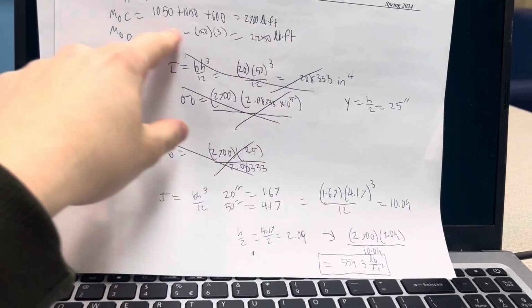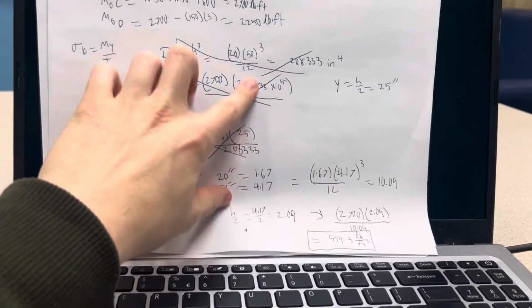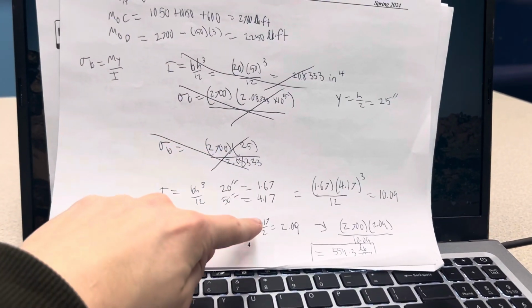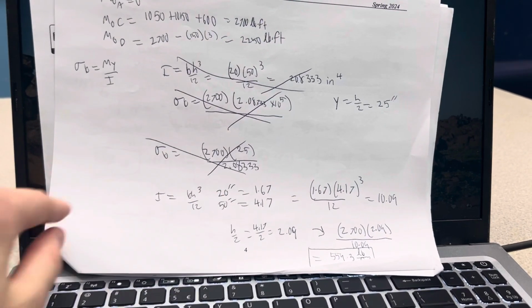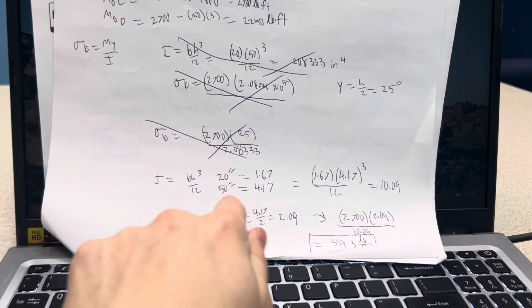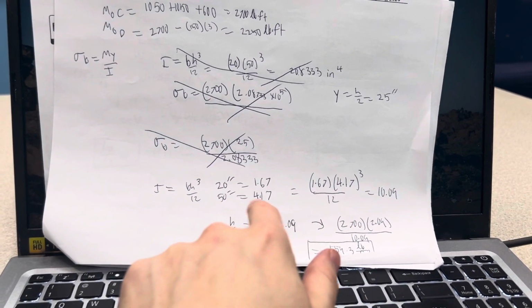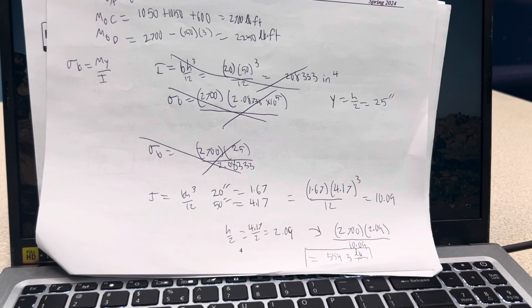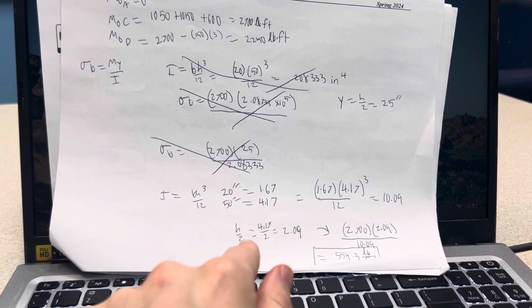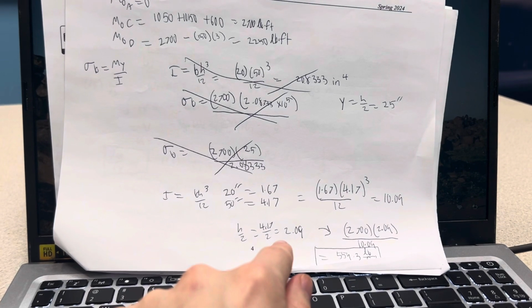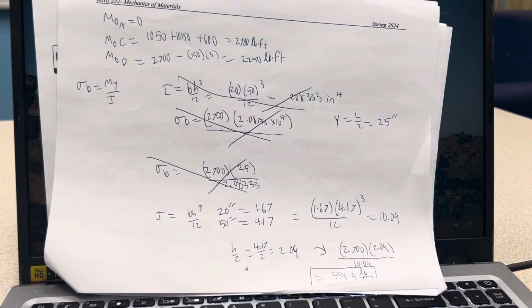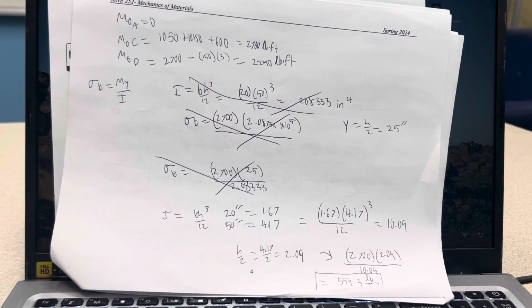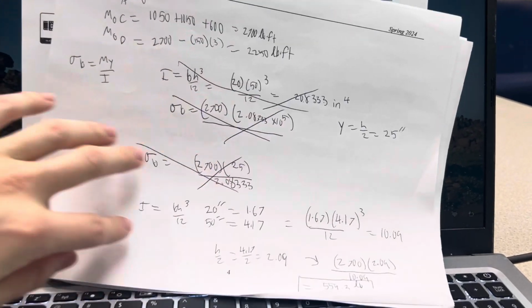These values are in inches, so I decided to convert them to feet instead of inches, which I do here. I use this value and plug these values into that, get 10.09, and then divide the height by 2, and then plug all of that in to get 559.3 pounds feet squared.